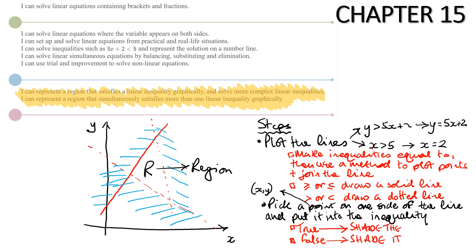So wherever we've picked our point, when I put shade it, I should probably put shade that side where you pick the point. And then once you've done that for 2 or 3 or maybe 4 different lines, you'll have a diagram like you have here on the left.